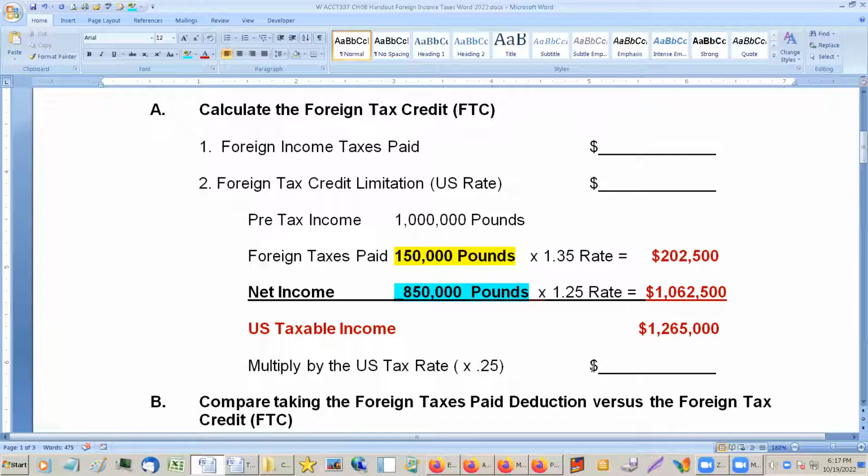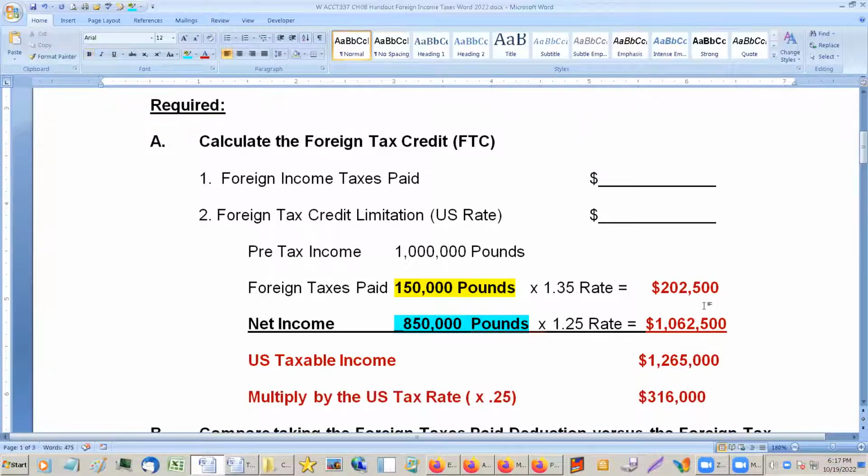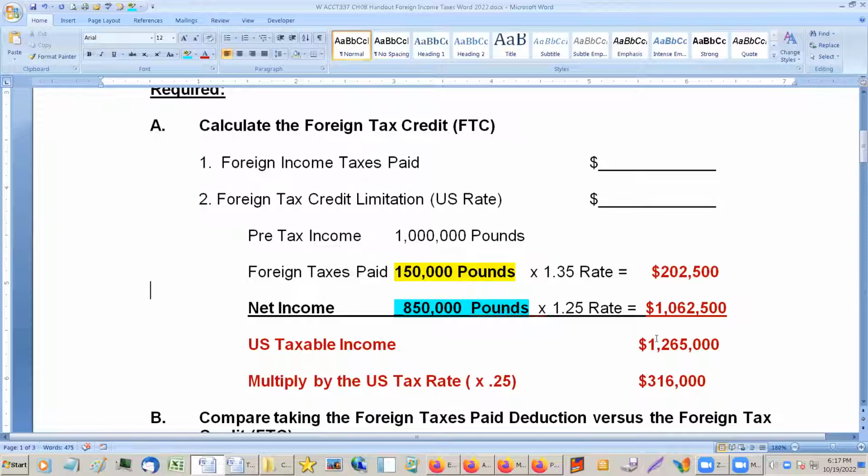So this will equal, okay, so it's going to look like this.